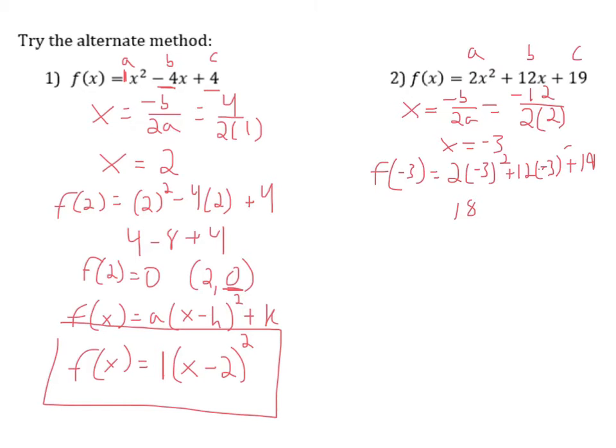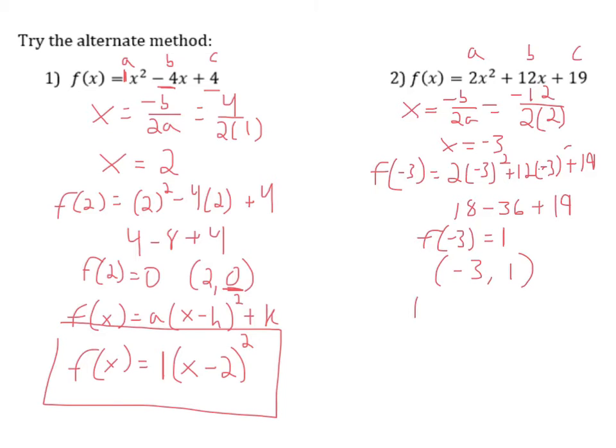Plus 12 times negative 3, which is negative 36, or minus 36 in this case, plus 19. So 18 minus 36 is negative 18. Negative 18 plus 19 is just 1. So f of negative 3 equals 1, meaning my vertex is (negative 3, positive 1).